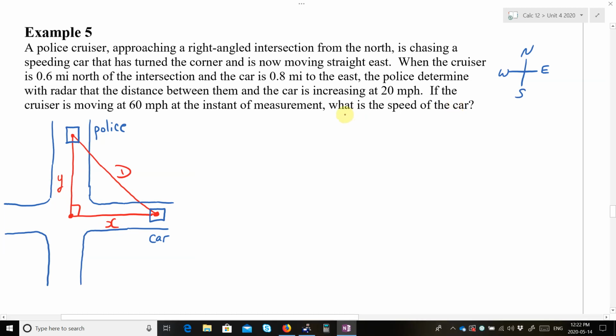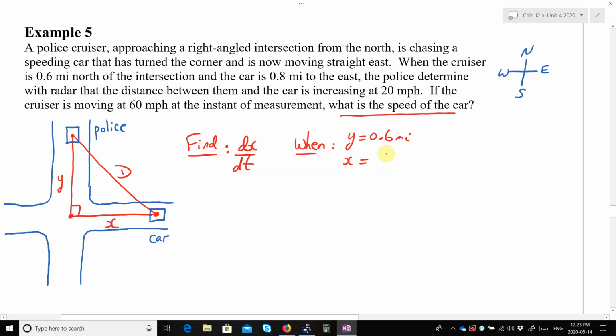Okay, and the ultimate question is, what is the speed of the car? So they want us to find the change in x with respect to time when the cruiser is 0.6 miles north, so y is 0.6 miles, and the car is 0.8 miles to the east, so x is 0.8 miles.